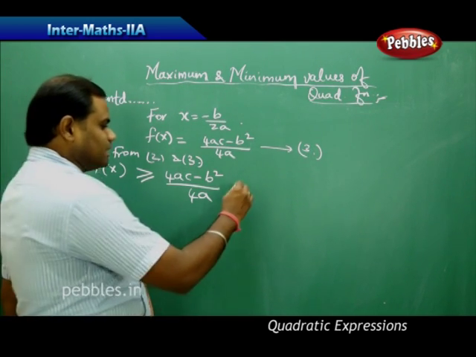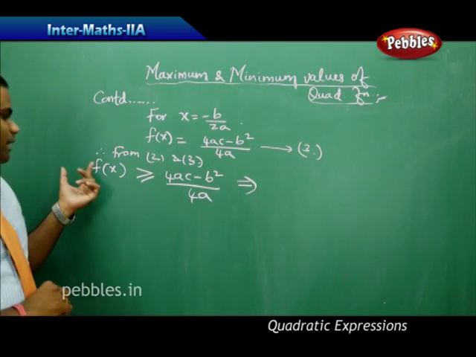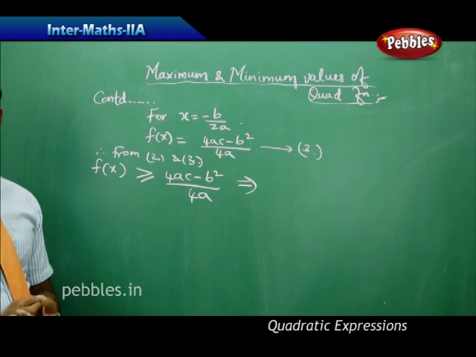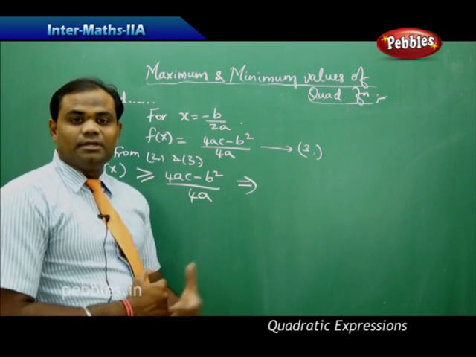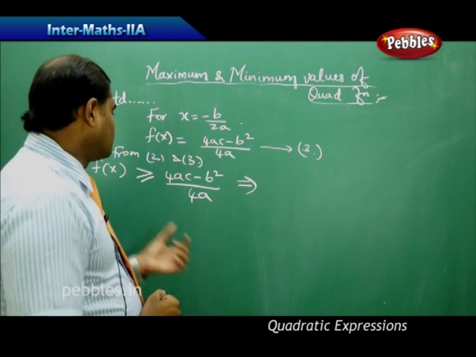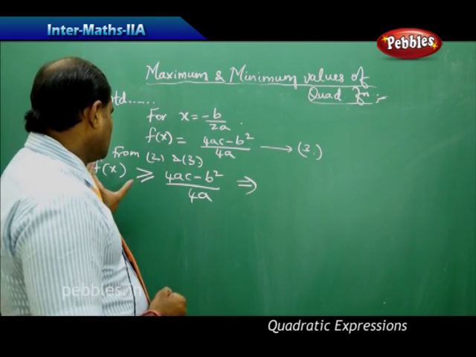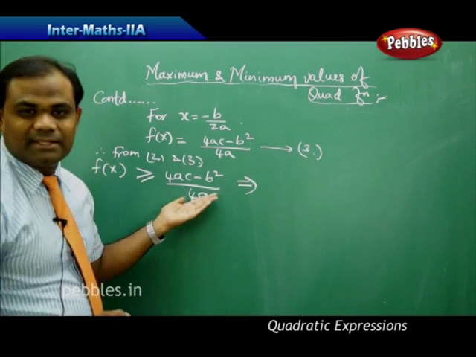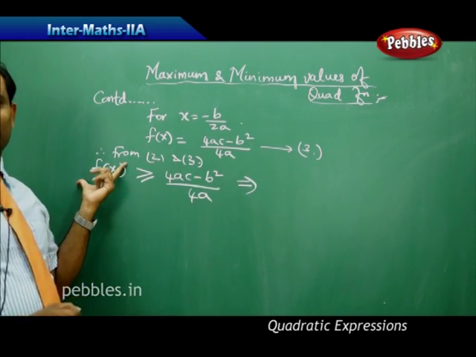Now this makes us clearly understand that the y value is at the most greater than or equal to this. That means this must obviously be the minimum value, because any value you take for f of x is always greater than or equal to at the most this. That means this acts as the least value for the function f of x.